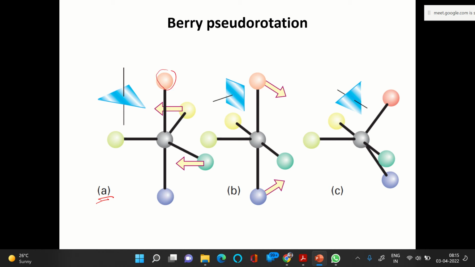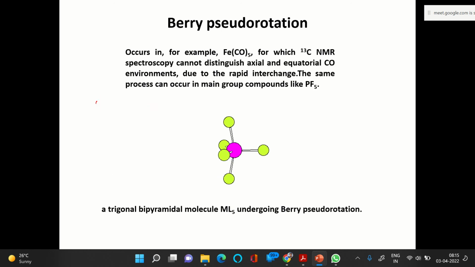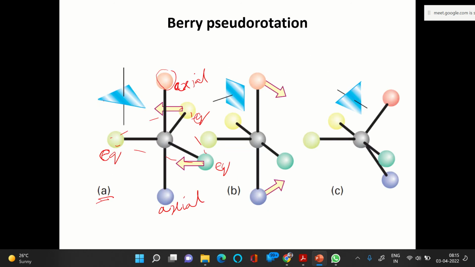Sorry, this is the axial, along the axis, and these are equatorial, right? If you connect the dots of the equatorial plane, it forms a triangle. So this is the axial and equatorial, this is what we know.